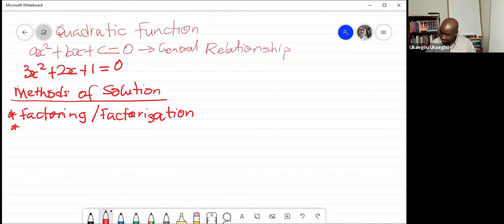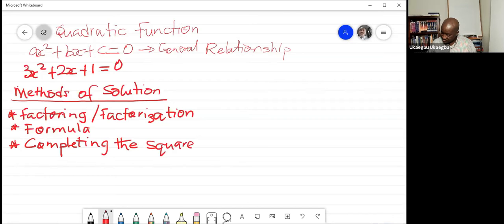Another method, the next one starts with C. Completing the square. The next one starts with G. What is that one? Yes, graphing. So these are methods of solution. So we have to pick one of them and start with it, and then we take it from there.